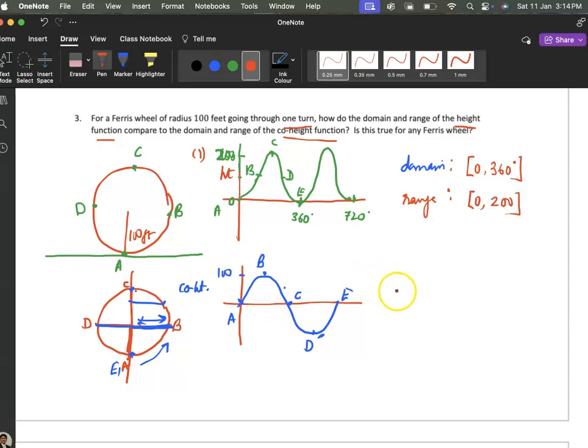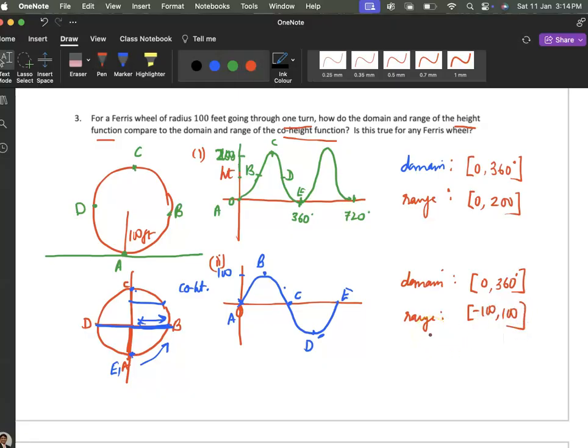Now for the second one. Domain? 0 to 360, the same thing. And the range would be minus 100 to 100.